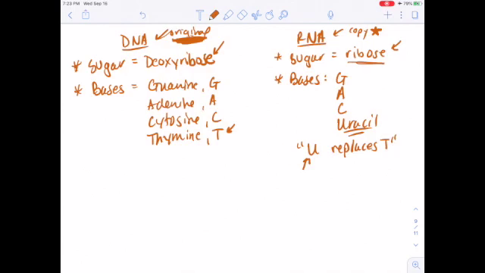DNA, as you know from things like DNA fingerprinting, hangs out on a surface for a long time. RNA is not very stable. It gets degraded after several hours, meaning chopped up. So DNA is so stable, RNA is not. There are enzymes called RNases that are especially prevalent on human skin.